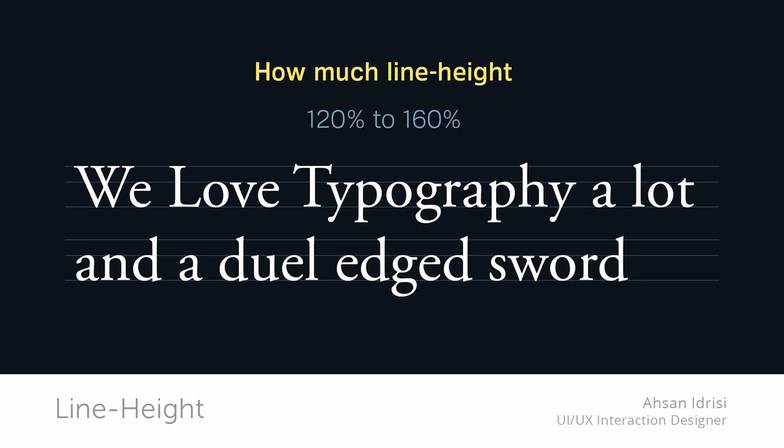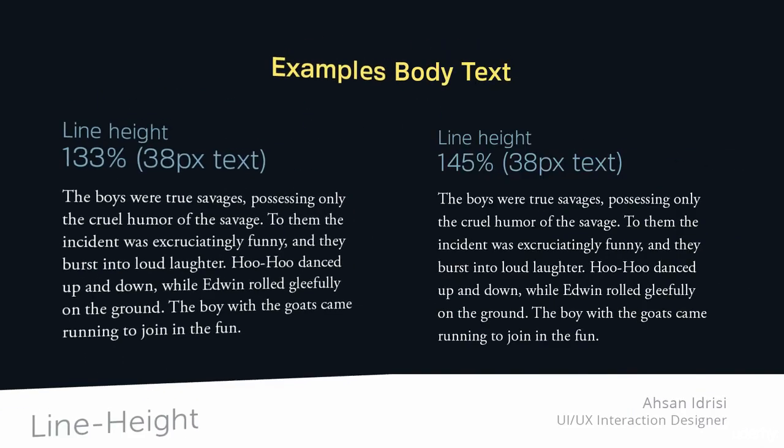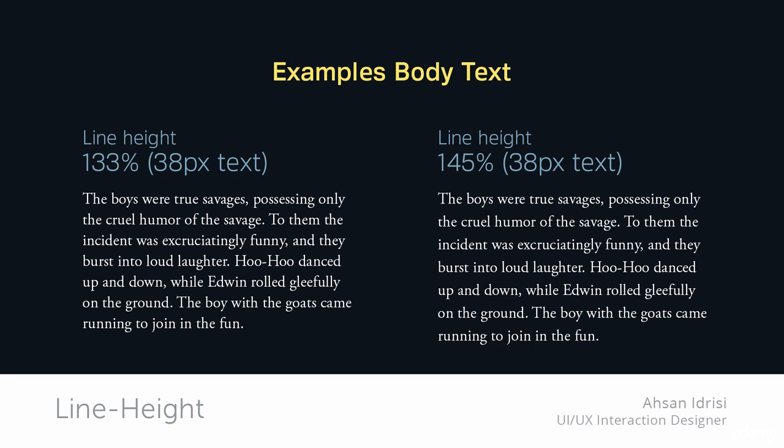In headings and very big text, normally the line height is from 100%, sometimes maybe 90%, to 120%. So for body text it varies from 120% to 160%, and for headings it is a bit less than our normal line height. Okay, here are a few examples of body text line height.